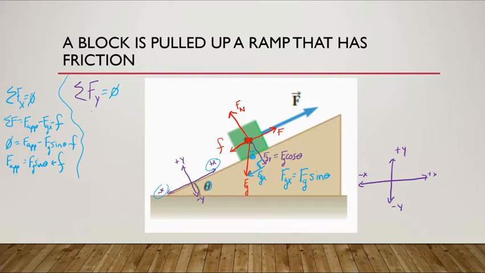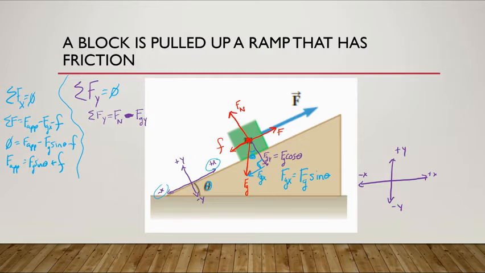Our sum of forces in the y direction is 0. Our sum of forces in the y direction is also equal to our normal force going up minus our force of gravity in the y direction. And let's double check. We have this force going down, this force going up.